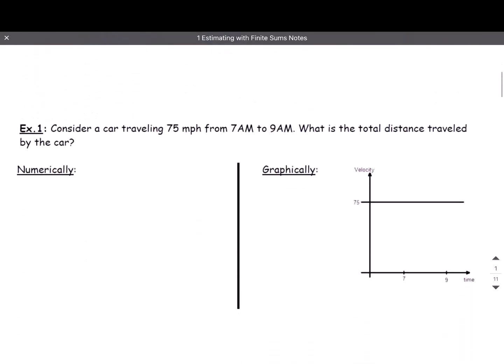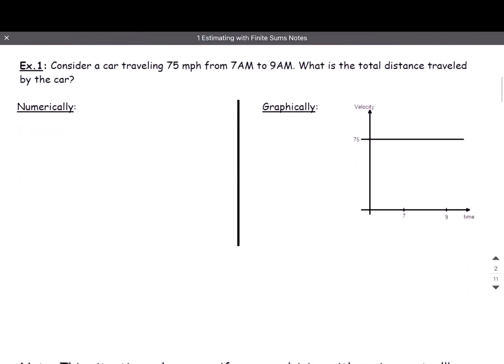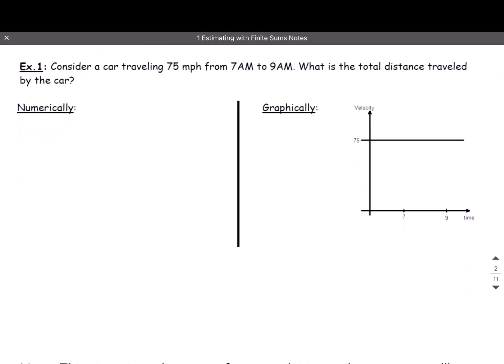So we're going to start very simply. We're going to consider a car traveling 75 miles per hour from 7 a.m. to 9 a.m. And we want to know the total distance the car traveled. Well, we know that distance is velocity times time. And even if you forgot that, we know that the car is traveling 75 miles per hour, and our distance is in miles.